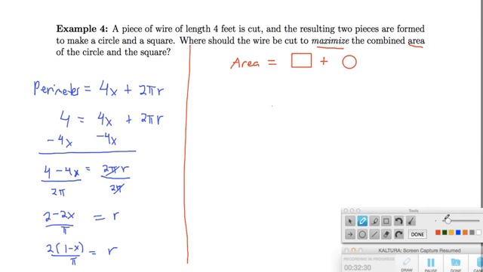Now remember, the area of a square is side times side, right?